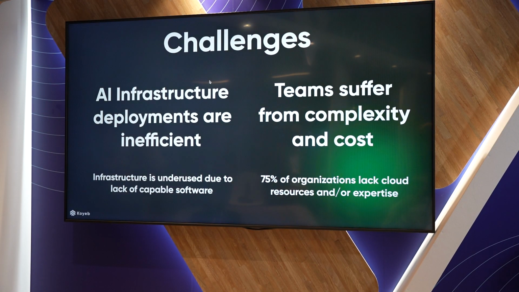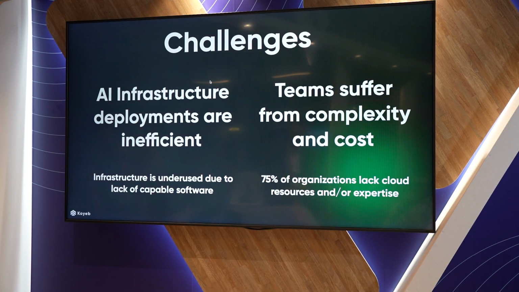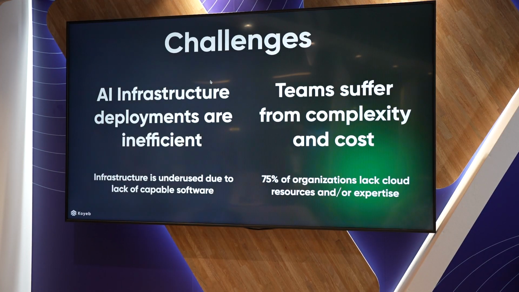We see two key changes when we talk to our customers and end users. One is that AI infrastructure deployments are completely inefficient. Most of the time, infrastructure is underused due to lack of capable software. There is a simple reason for this. Previously, technologies to increase usage were designed to share a CPU or a piece of hardware by slicing it up.